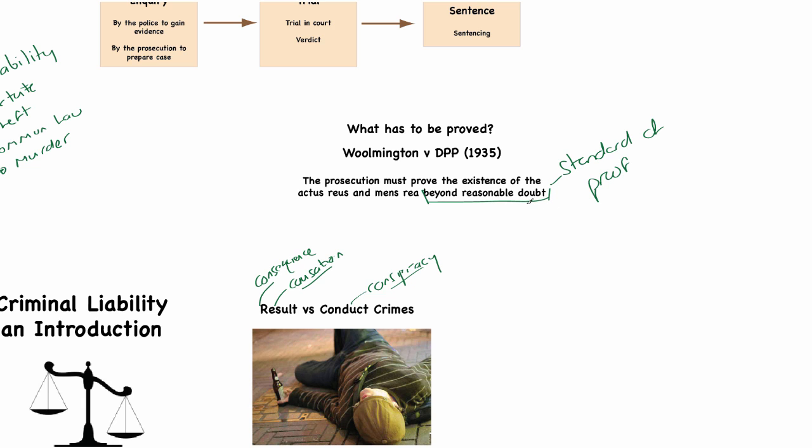In civil cases, of course, it's on the balance of probability, and we'll look at that when we look at tort. But just be very, very clear that the standard of proof in criminal trials is beyond all reasonable doubt, and that's Woolmington versus the DPP in 1935. And by that, I generally tend to tell my students that it's 99.9%. You've got to be absolutely certain before you can convict somebody.